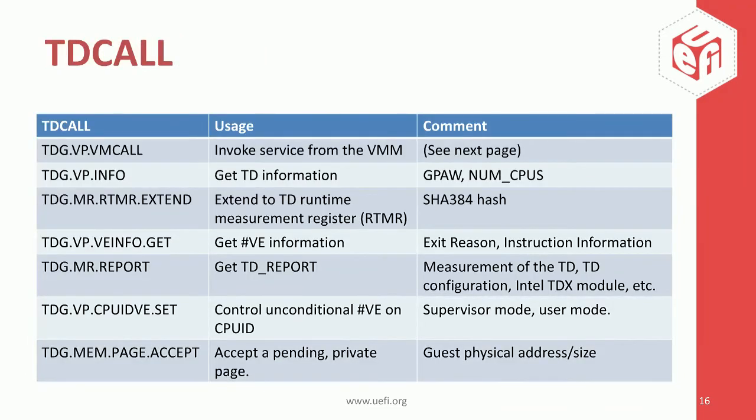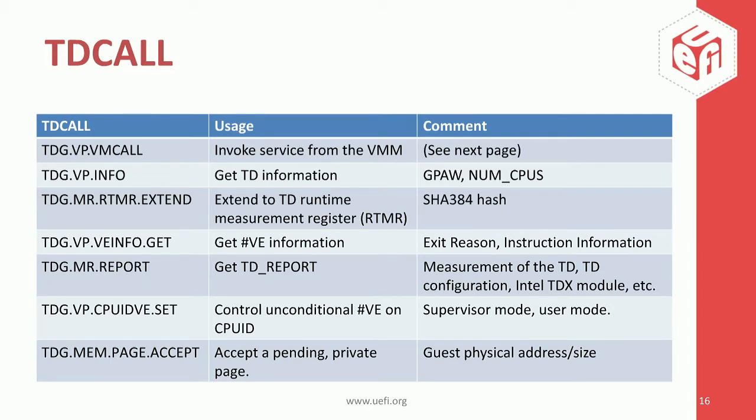In a TD, you can use a TDCALL. The TDCALL is a special hypercall to the Intel TDX module. It can only be initiated by the guest TD. First, TDCALL VMCALL is a way to invoke the VMM services. We will discuss that on the next page.